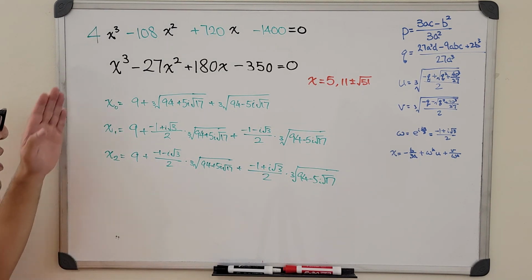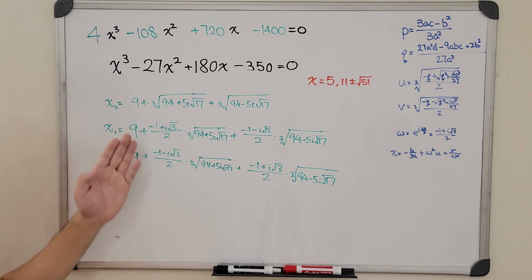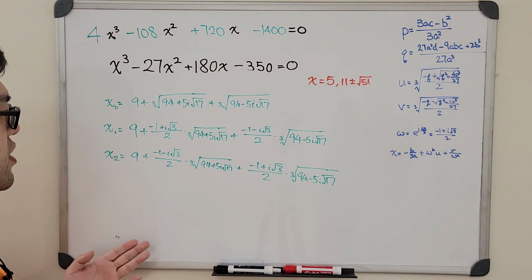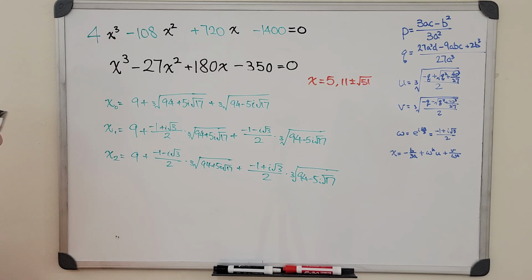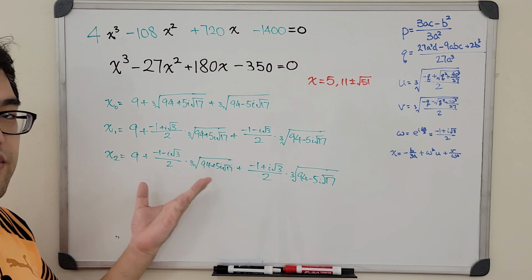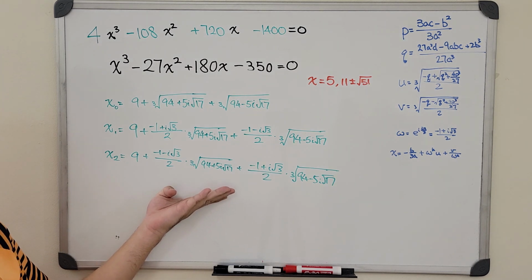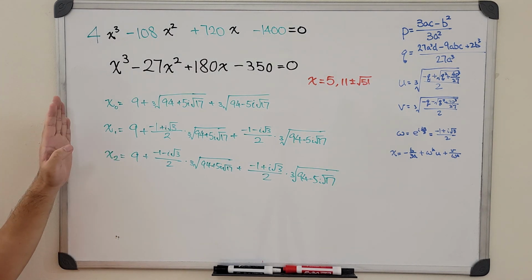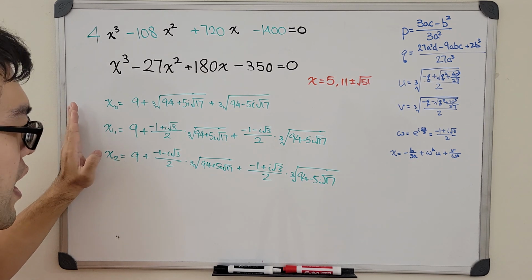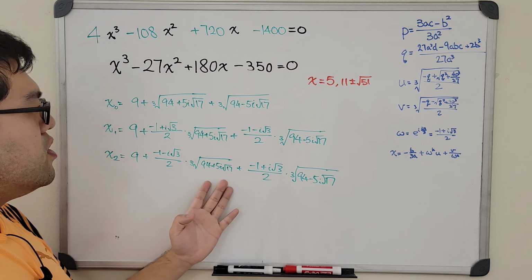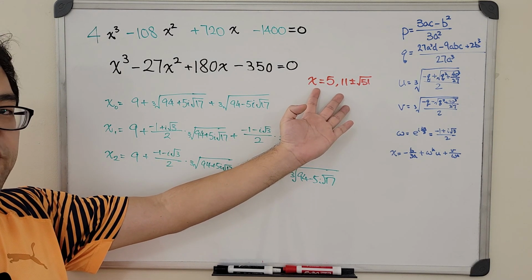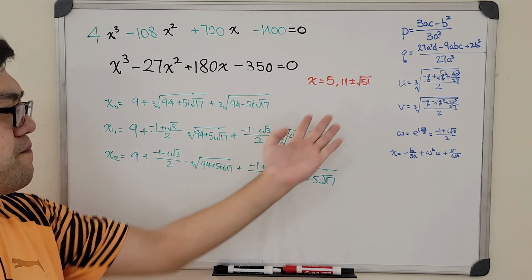But if we use the cubic formula here, we actually get something that first of all looks very ugly because we have the cube root and then a square root inside the cube root, and later on we also have some imaginary units and stuff. What's going on? Does that mean that the cubic formula is wrong? How do we actually end up with something that looks totally different from what we have?